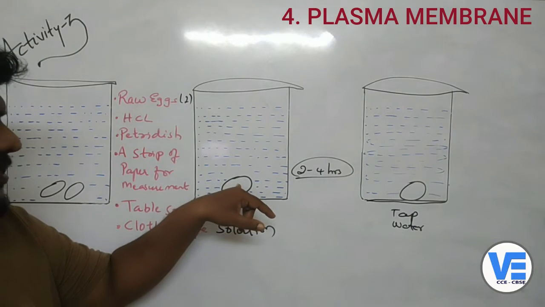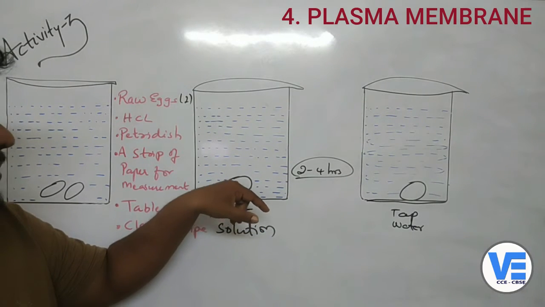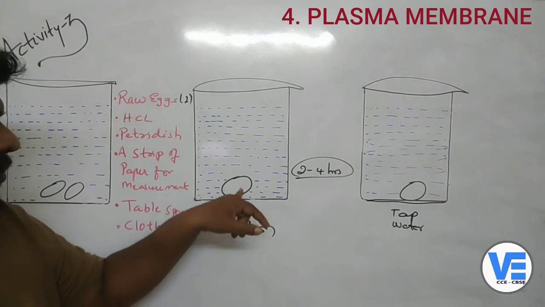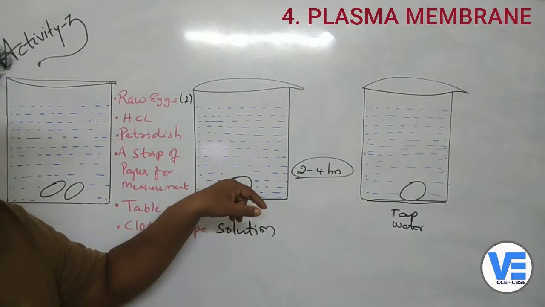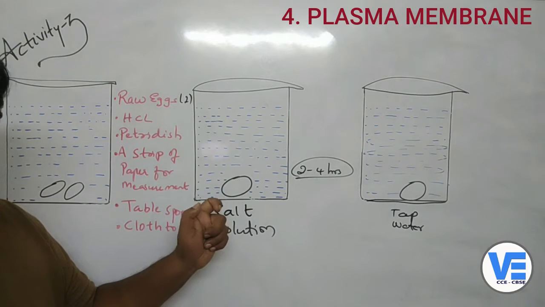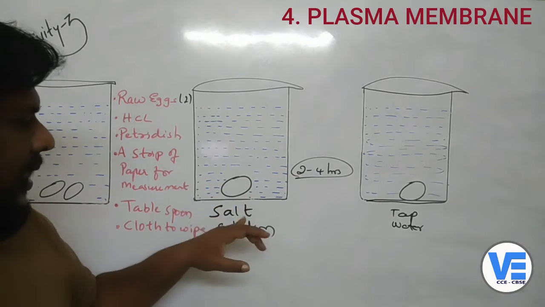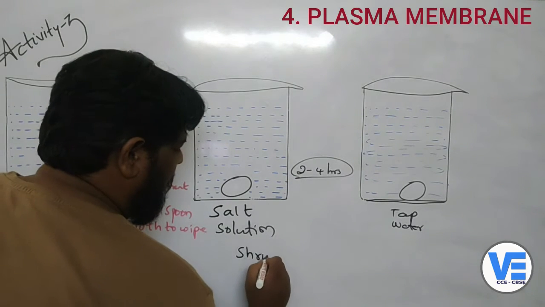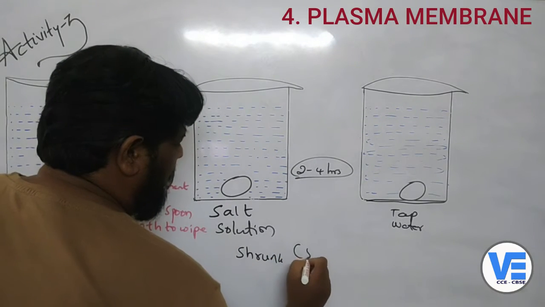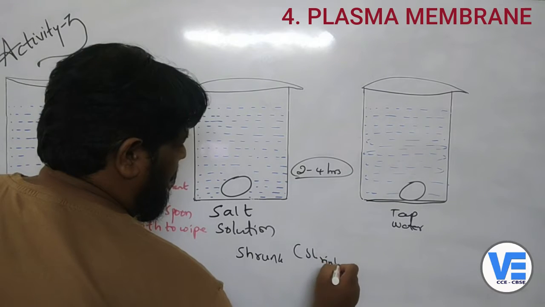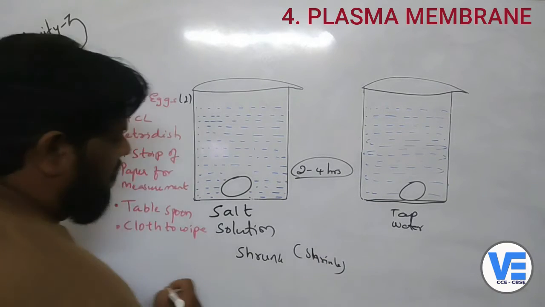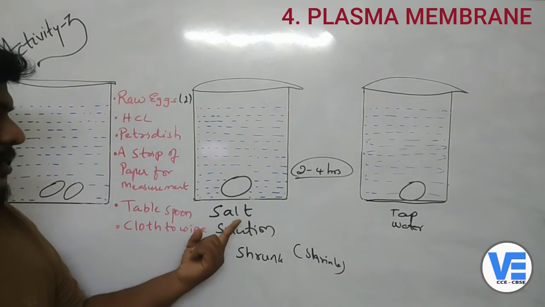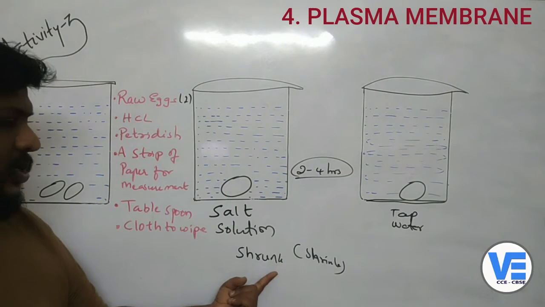The water which is in the egg has entered into the salt solution. That is the reason the egg has completely shrunk in size. The egg which you have kept in the salt solution has shrunk.